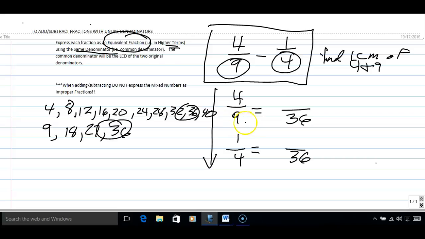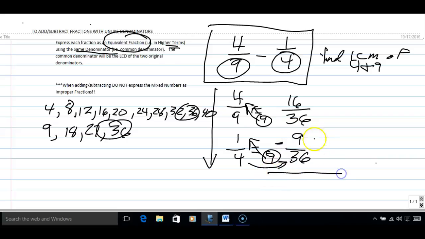So 36 divided by 9 is 4, and 4 times 4 is 16. 36 divided by 4 is 9, and 1 times 9 is 9.